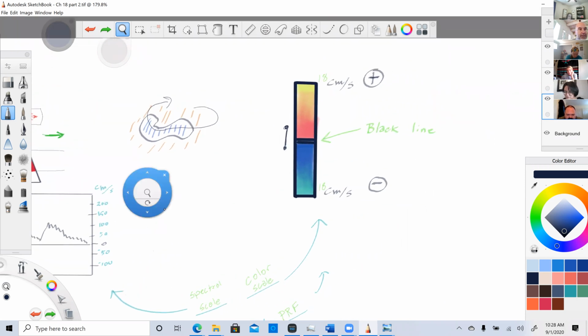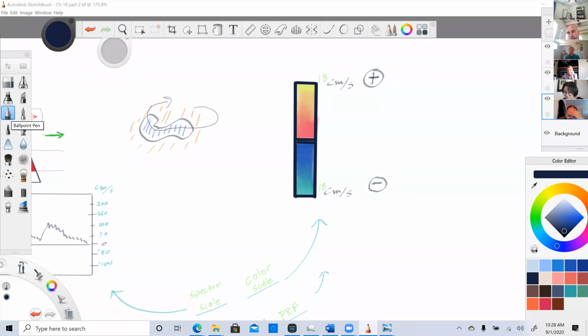Now, aliasing, that's a fun one. In the stenosis, you'll note that going into the stenosis, it was red.